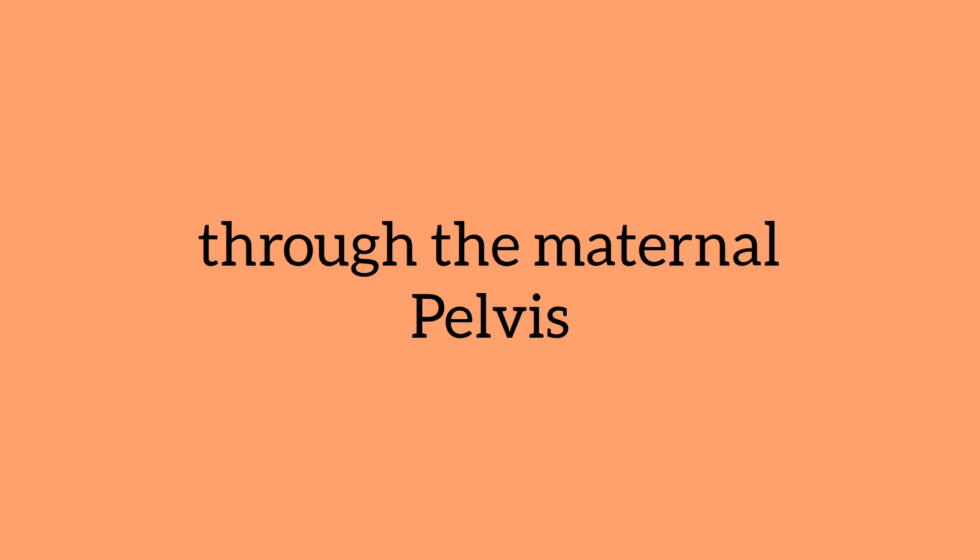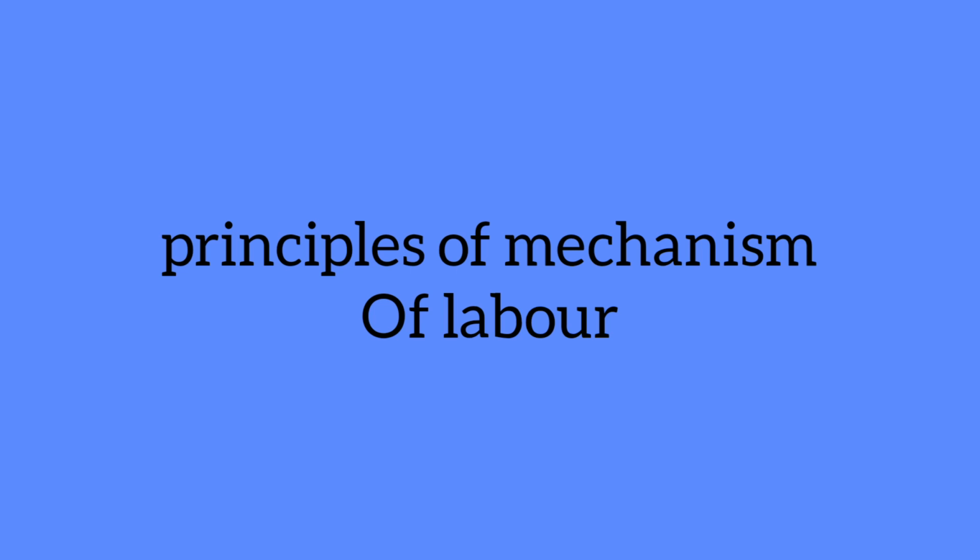Next, what are the principles of the mechanism of labor? Descent takes place throughout labor, and whichever part leads and first meets the pelvic floor will rotate forward until it comes under the symphysis pubis.